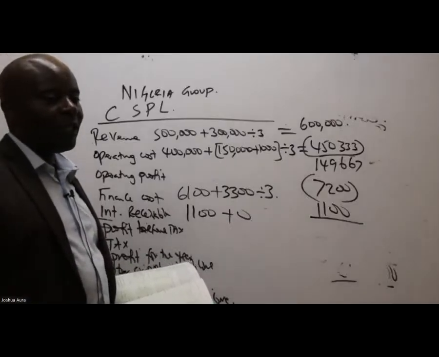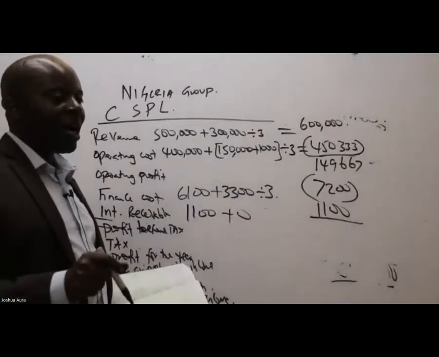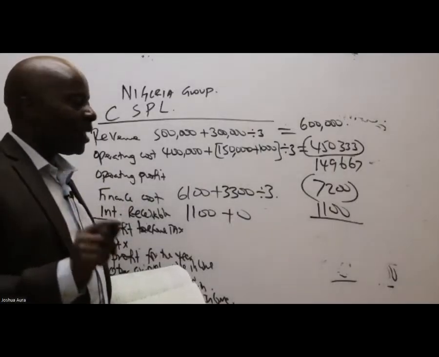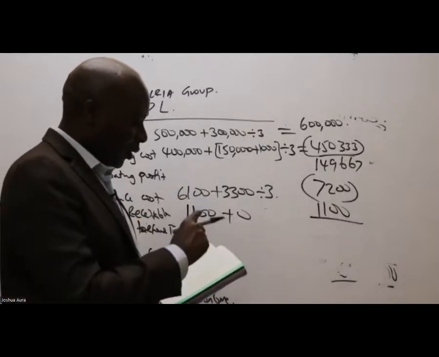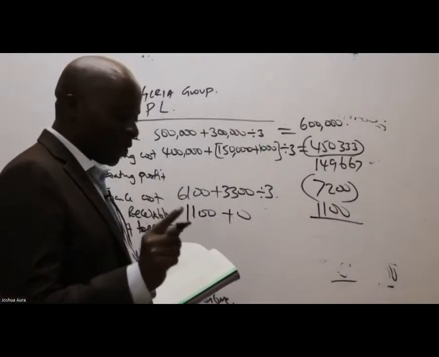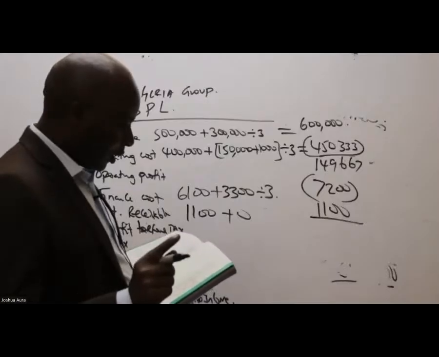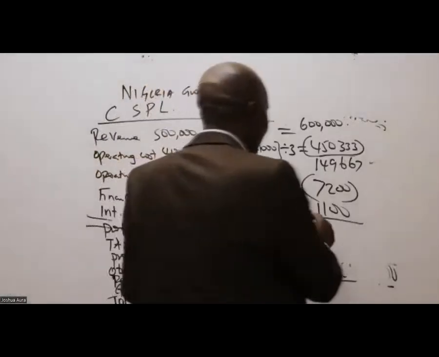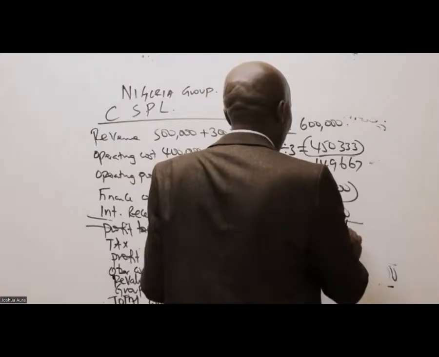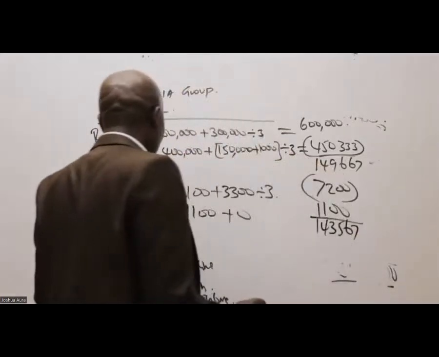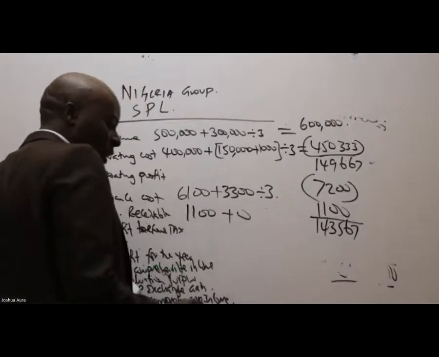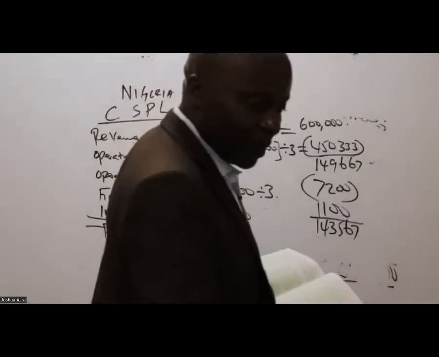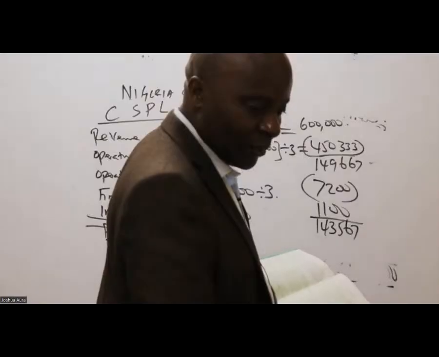For those of you who did this exam last semester and failed, I'm so sure you misinterpreted the question of a foreign subsidiary so seriously. 143,567. And then we have now the tax.